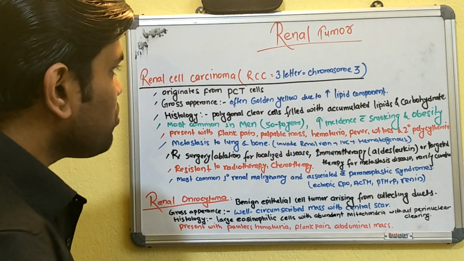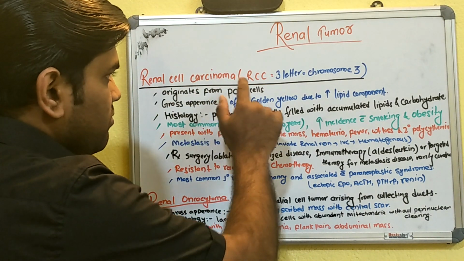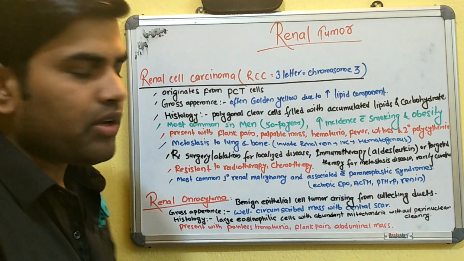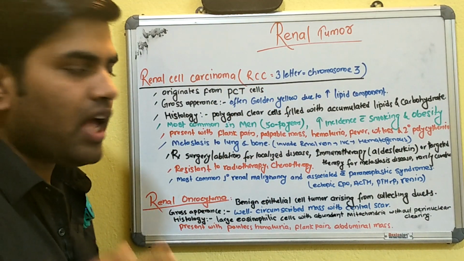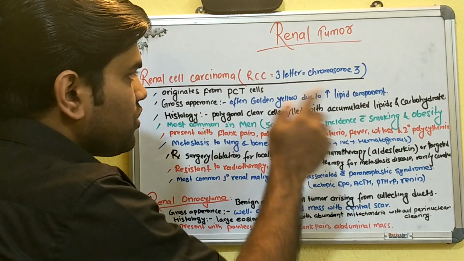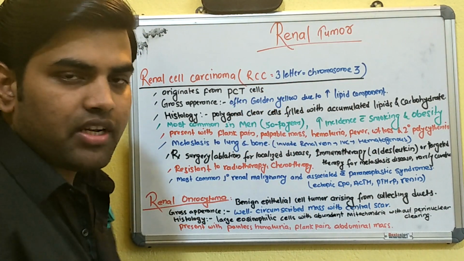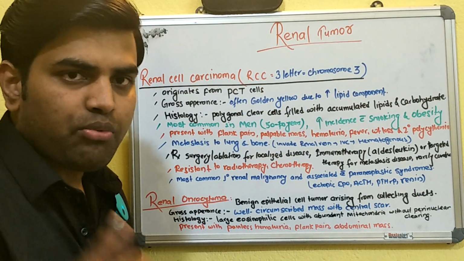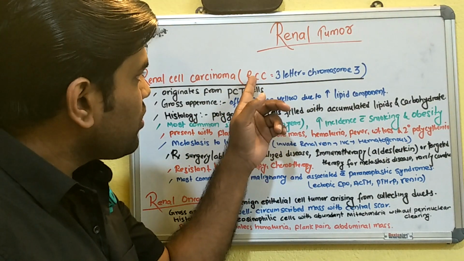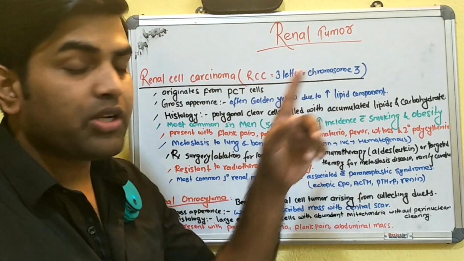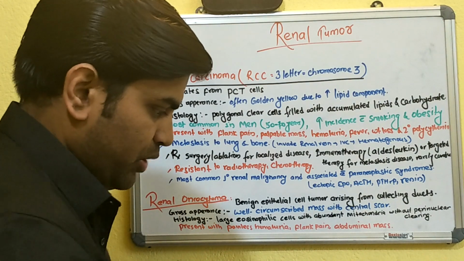For renal cell carcinoma, there is one way to remember it: RCC, renal cell carcinoma, is 3 words and 3 letters, so it is easy to remember that it involves a deletion in chromosome number 3. That is one important point.